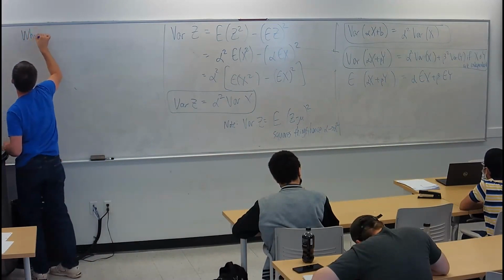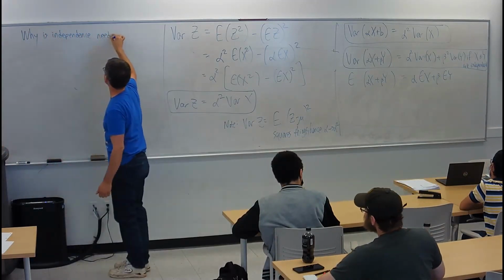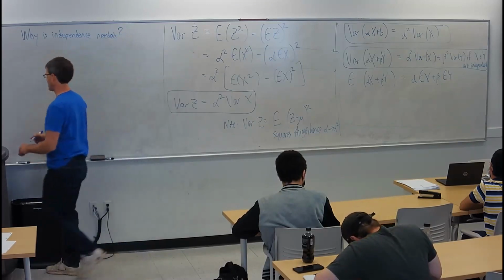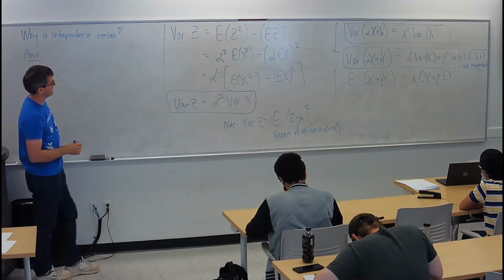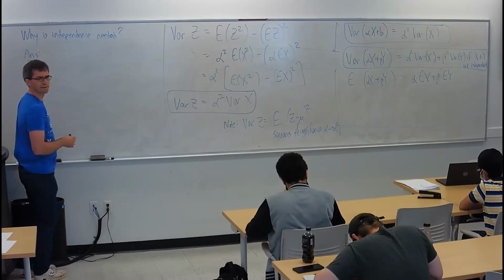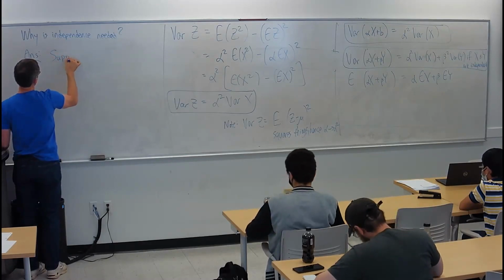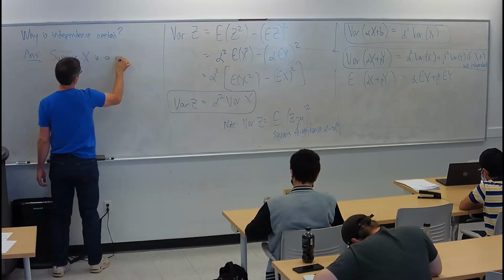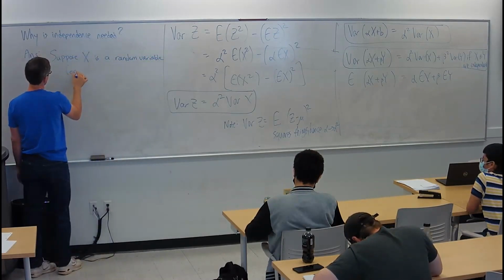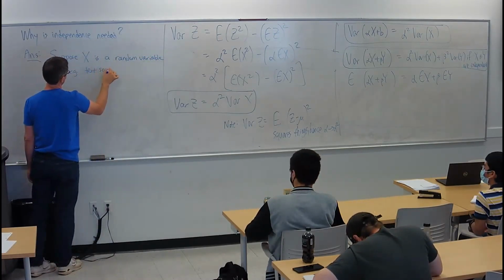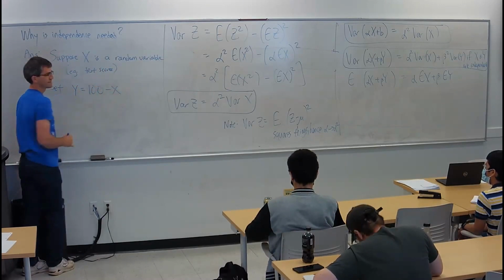So why is independence needed? Well, let's say that we have a random variable x, maybe test scores in the class. I'm going to set y to be 100 minus x.